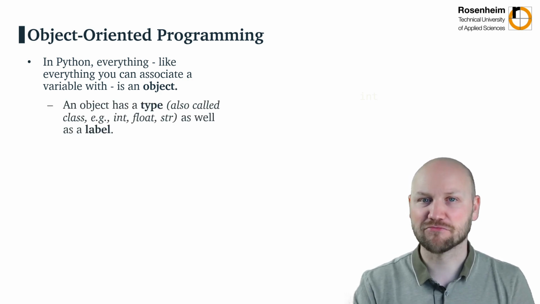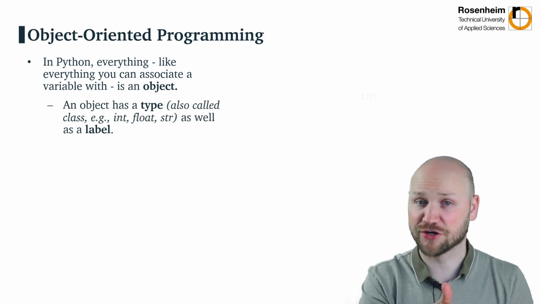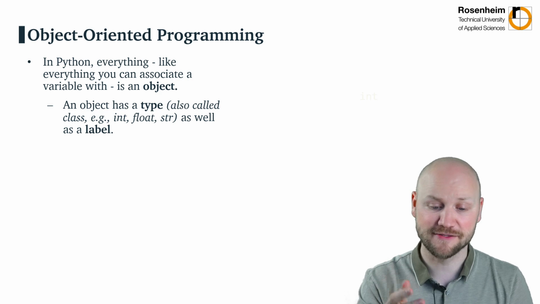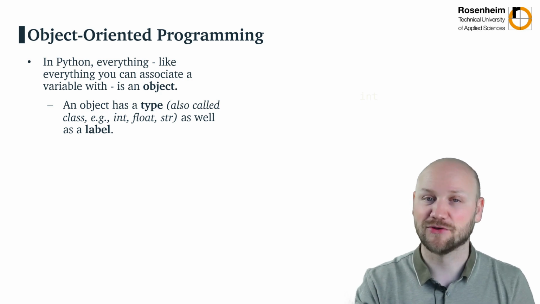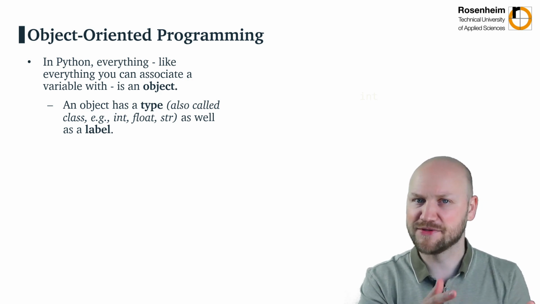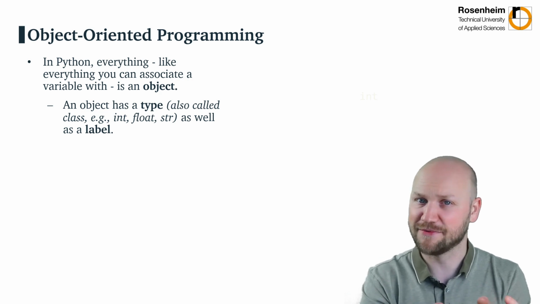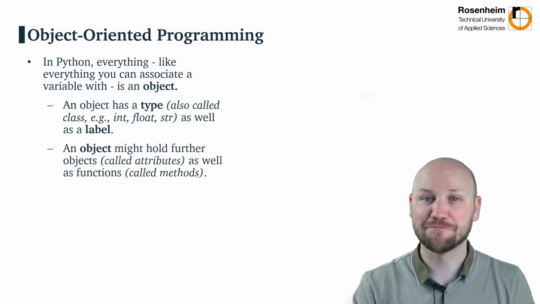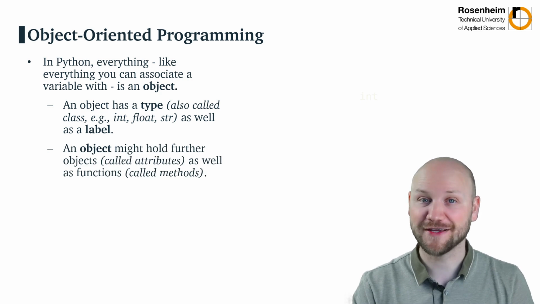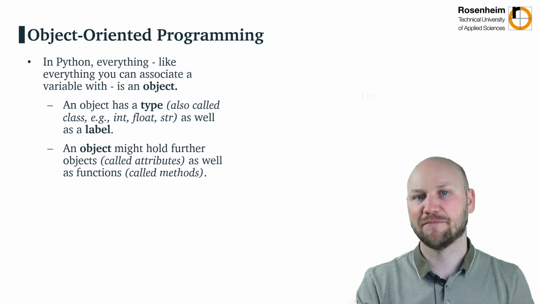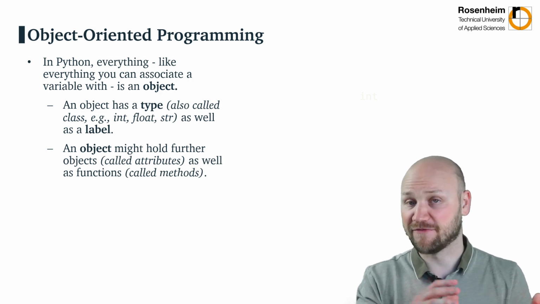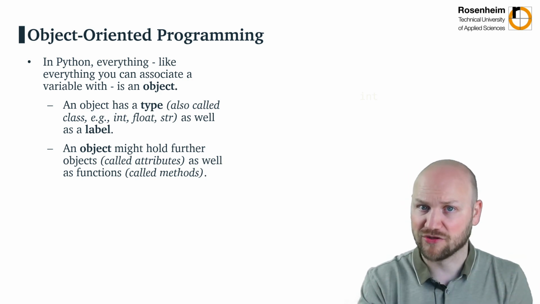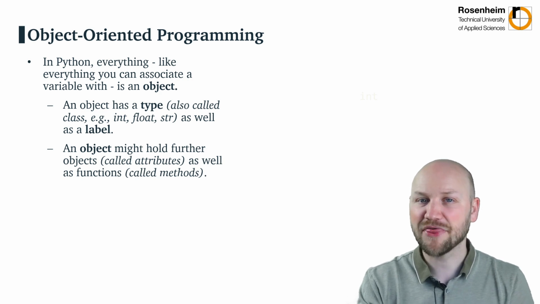And an object comes with a type. That is nothing new to you. We learned about the integer, the float, the strings, and we also know that there is a label. For example, if we have abc equals an integer, then abc is our label. And an object might hold further objects, and they are called attributes. So we can even have a variable of a variable, and it's again piped with a dot, like in a method.